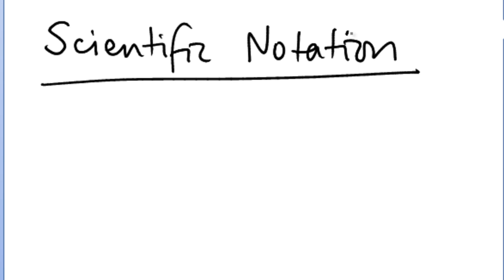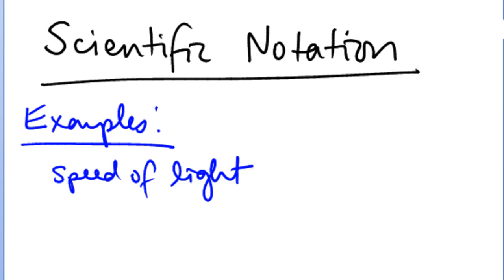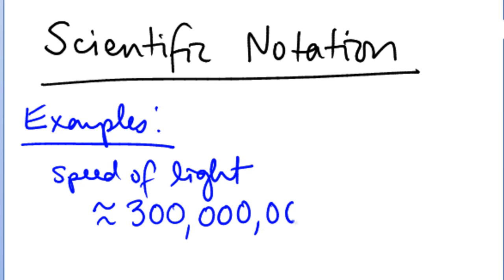So, for example, what are some things we might want to write in scientific notation? Well, for example, the speed of light. That's a pretty big number. Light travels pretty quickly. It's approximately this many meters per second.